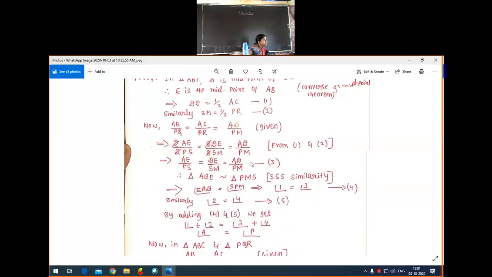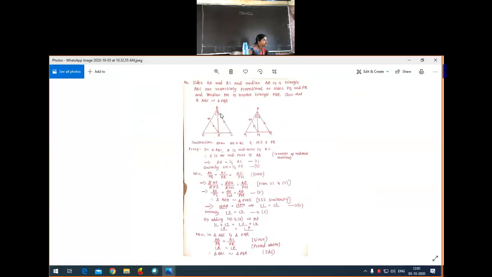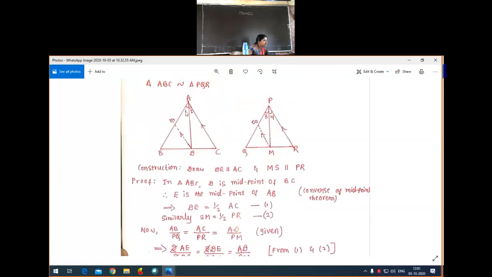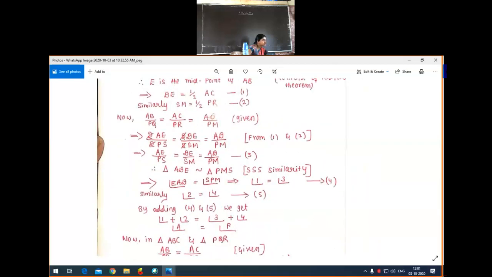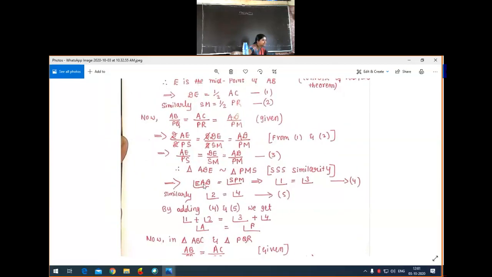So now we can take angle 1 is equal to angle 3, corresponding angles of similar triangles. Angle 1 is in this triangle and angle 3 is in this triangle, so angle 1 is equal to angle 3. I have also written it with naming: EAD is equal to SPM, or according to numbering, angle 1 is equal to angle 3.